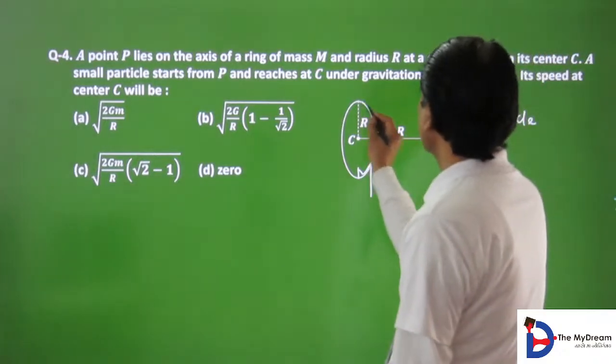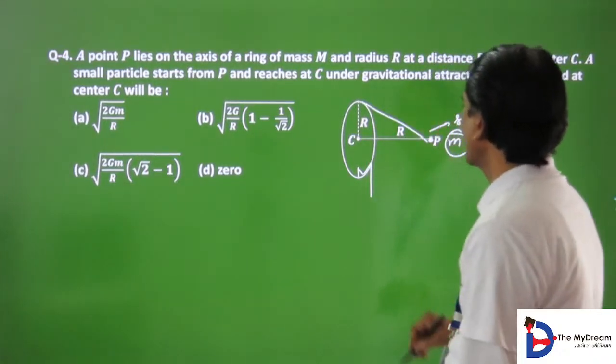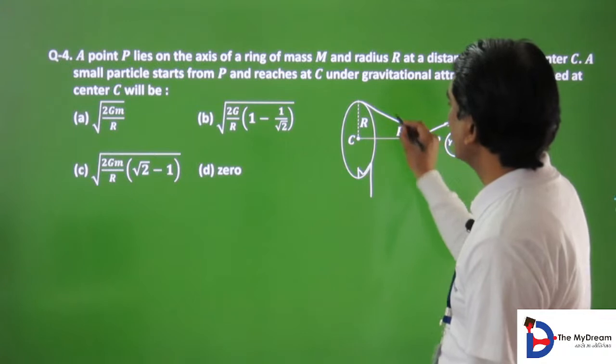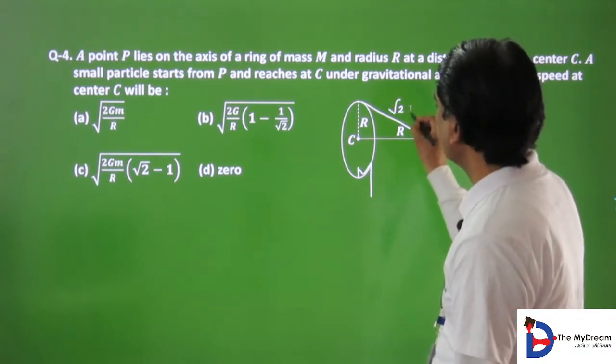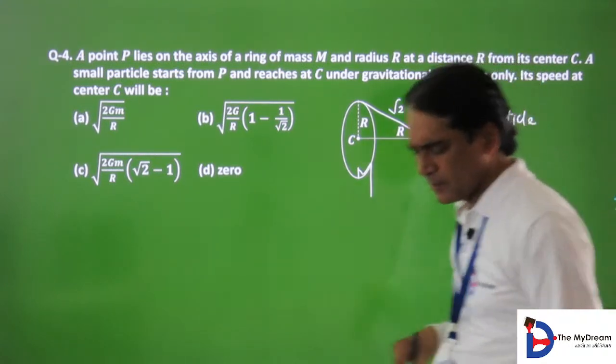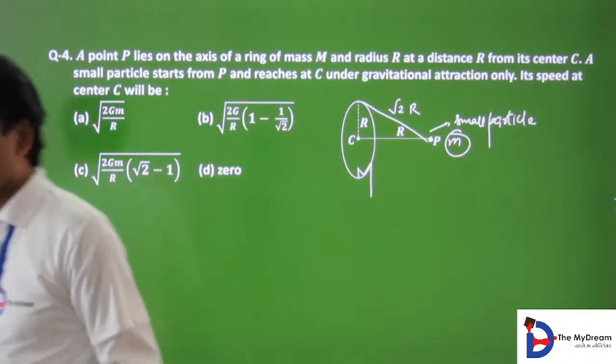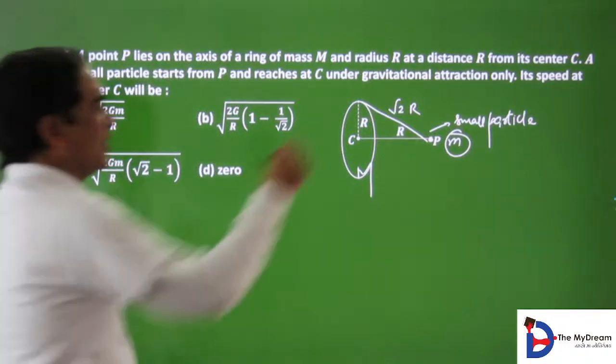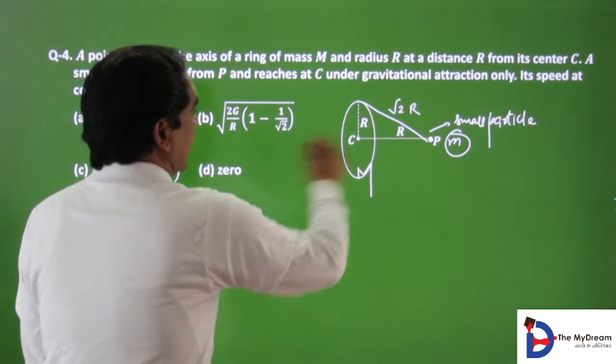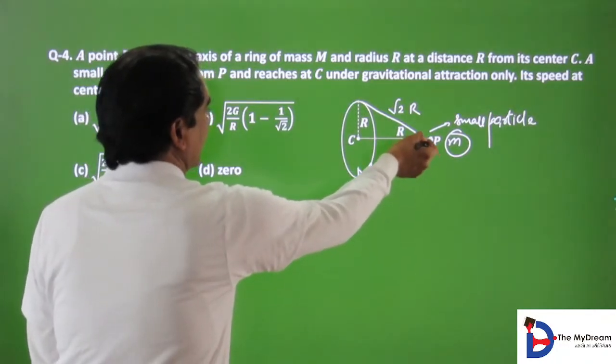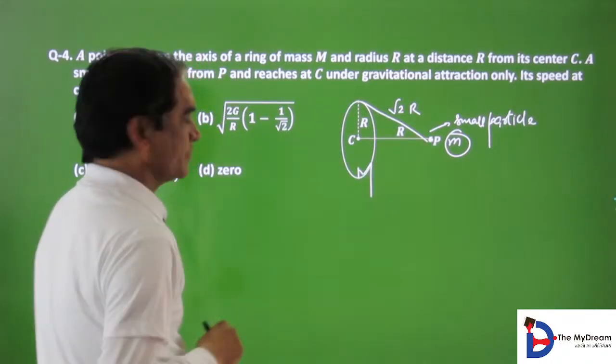So this is r, so it will become root 2r. You know the Pythagoras theorem. So initially the kinetic energy is 0.